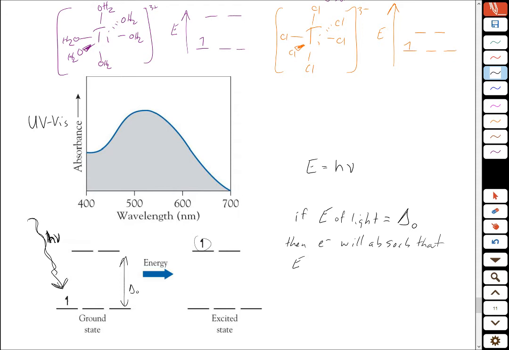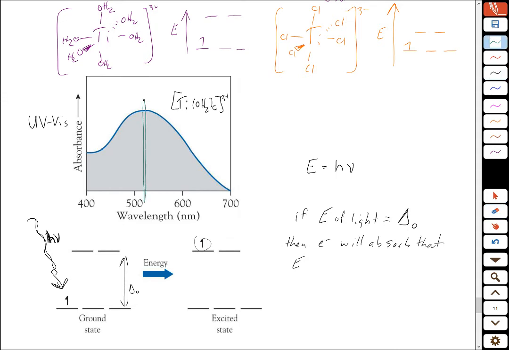This particular spectrum here is the spectrum of titanium(III), actually of hexaaquatitanium(III). So I'm going to write that. You can see that the wavelength of maximum absorption is just above 500 nanometers, so that's kind of green light. Why don't I make that green?